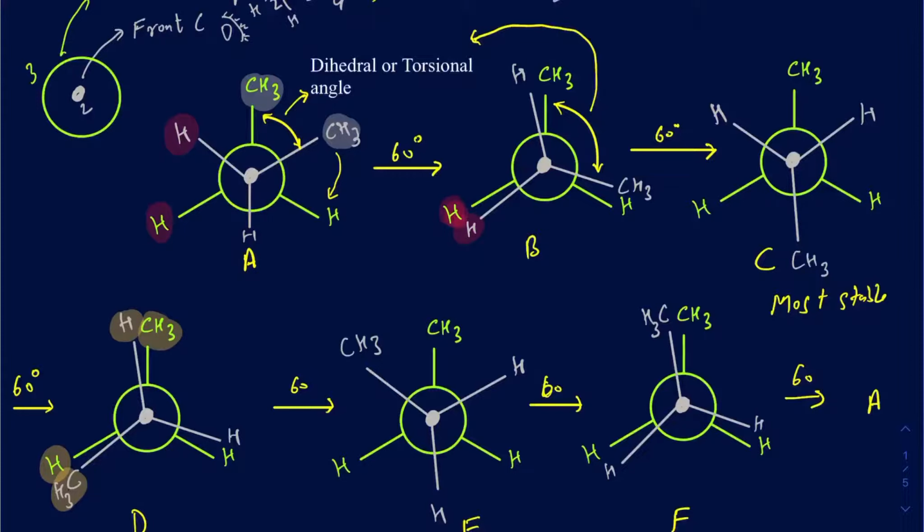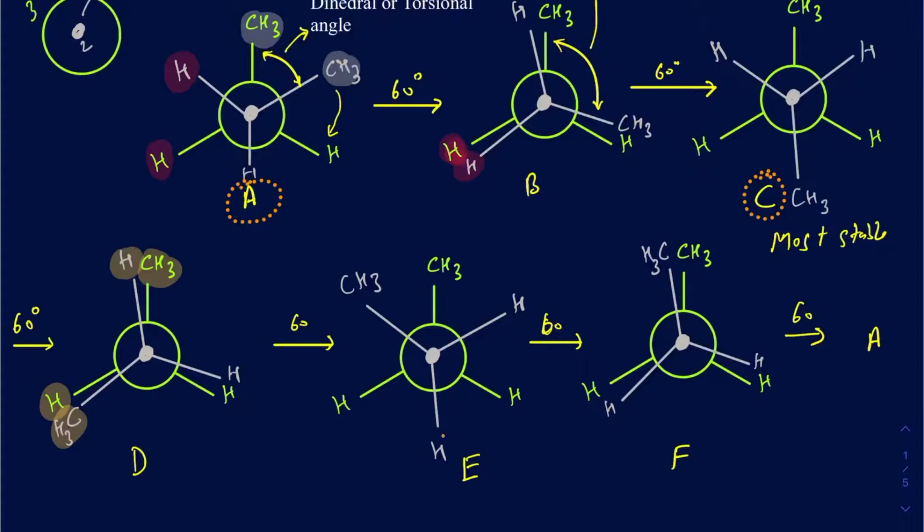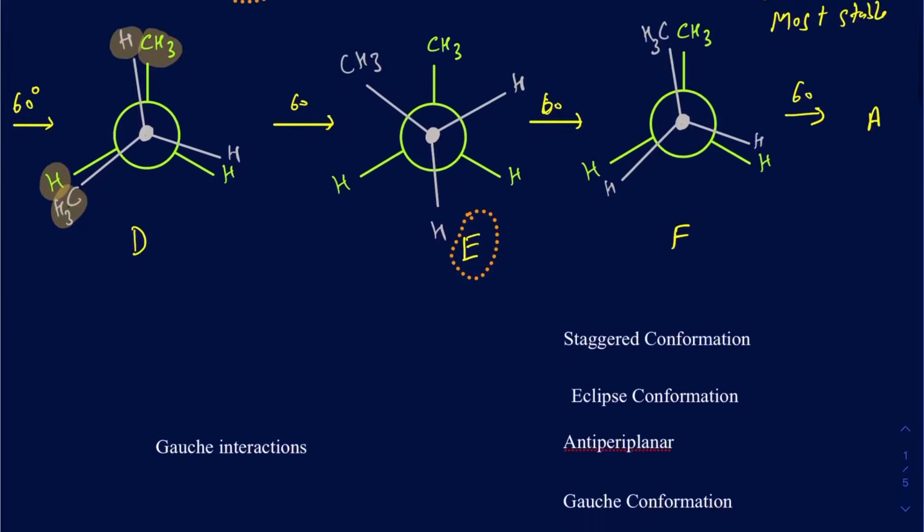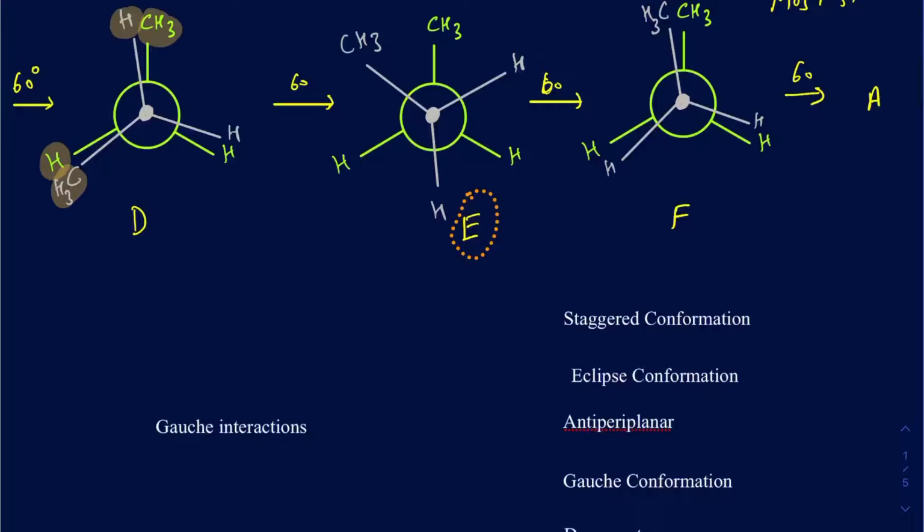Focusing on A, what's similar to A in terms of conformation? We have C that has all those groups separated from one another, and we got E where all those groups are separated from one another. So A, C, and E are going to be your staggered conformations. So I'm just going to go ahead and write that down here. Your A, C, and E would be your staggered conformations.